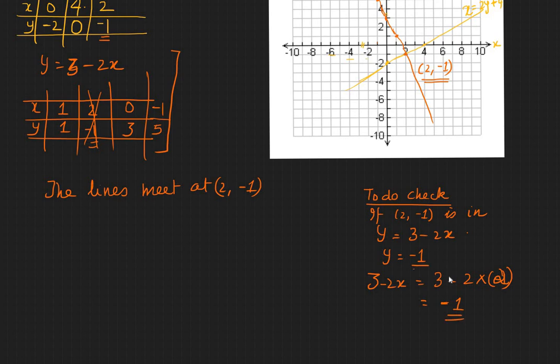So we see that your LHS and your RHS are the same, so this point lies on the line. So we can say that the solution is 2, -1.